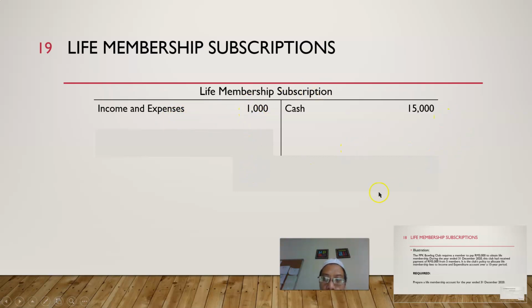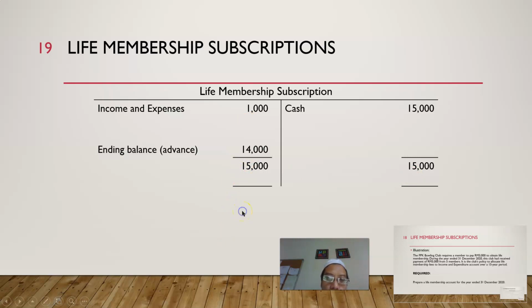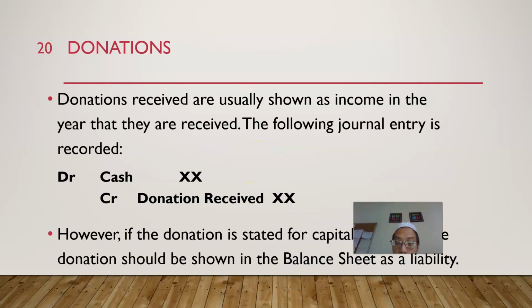When we total up the debits and credits, we will obtain a 15,000 credit balance. Therefore, the difference on the debit side is 14,000. 14,000 will be our ending balance, which we will carry forward into the next year as a liability account. So the 14,000 will appear in the balance sheet at the end of the year.